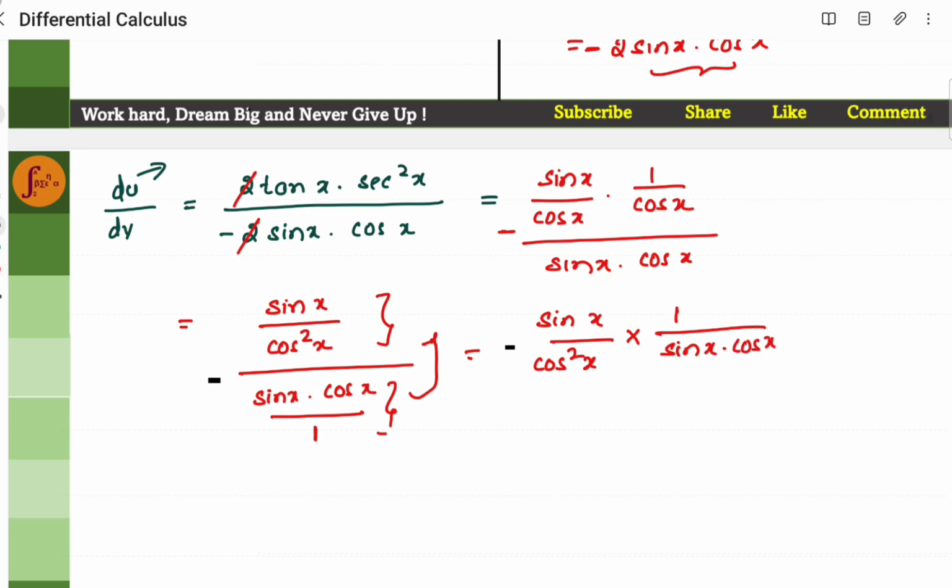Now sin x and sin x will get cancelled. Here I missed the square, right? So cos square x and cos x, this is cos cube x, which means I'll get 1 by cos to the power 4 x. 1 by cos is secant. So minus secant to the power 4 x. So this is du by dv.